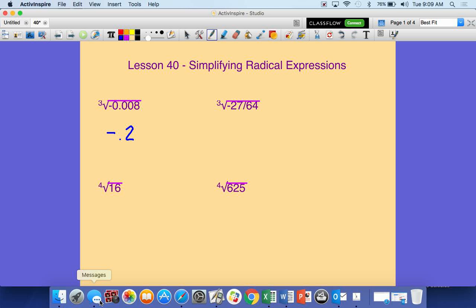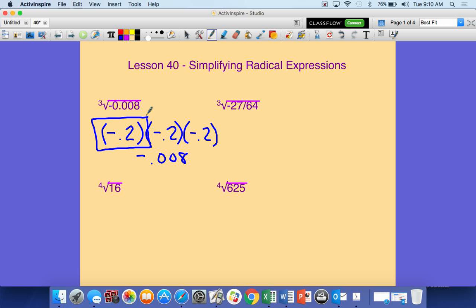Whenever we have a cubed root here, that is saying we need three numbers that are exactly the same that will give us that number under our cubed root sign. If we multiply these three out, we do end up with negative 0.008. So the cubed root of this thing would end up being that there.